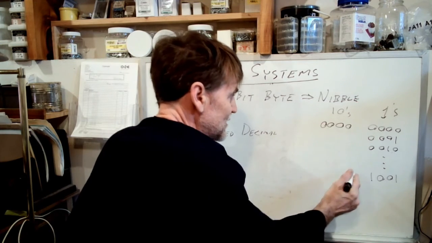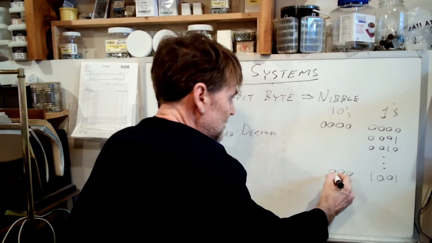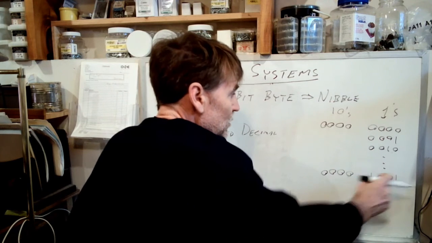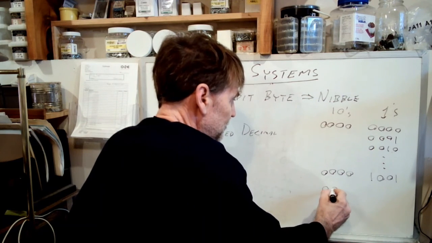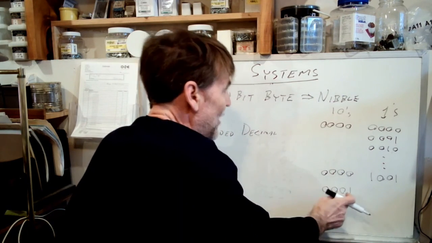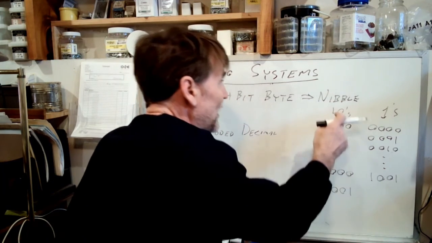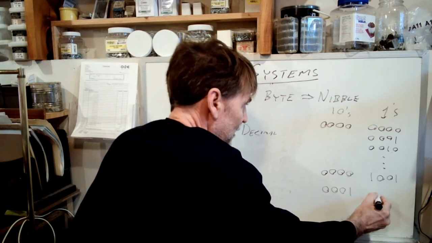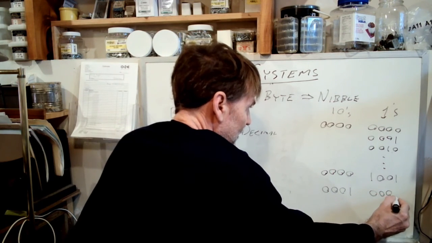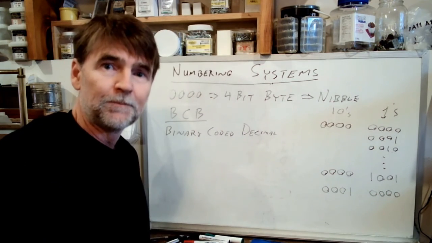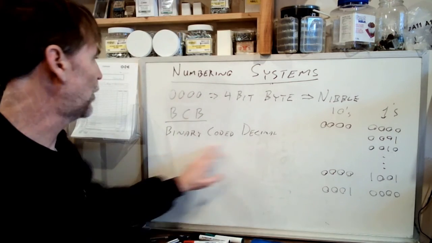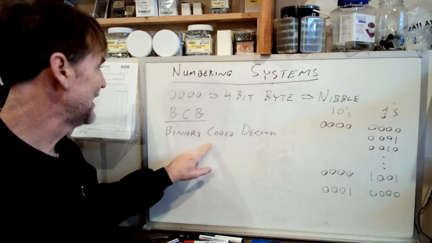Up until this point, the tens column has been filled with zeros. But now we're going to increment this column so that we have a 1 in the tens column. The ones column is going to start over. Binary coded decimal means that we're counting in binary.